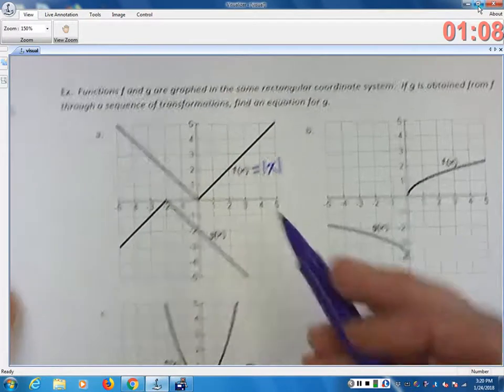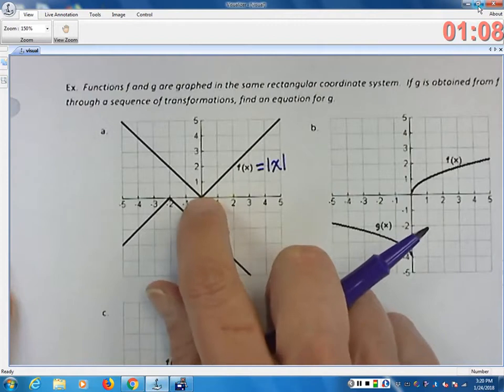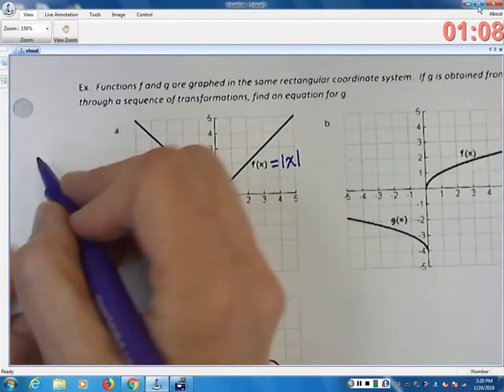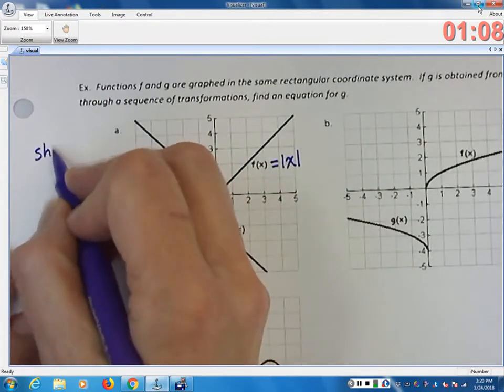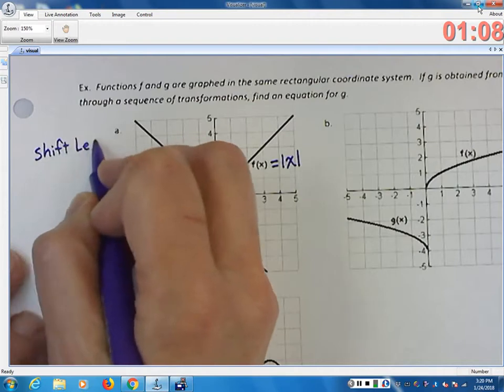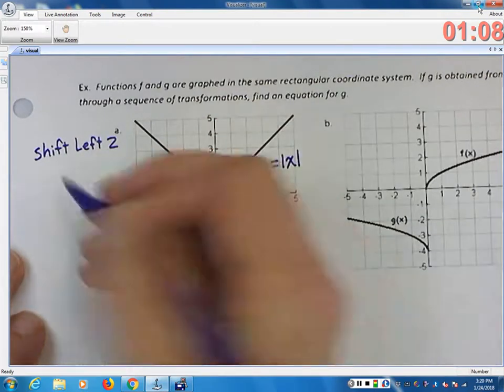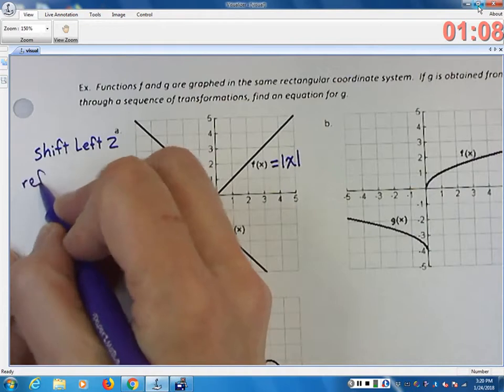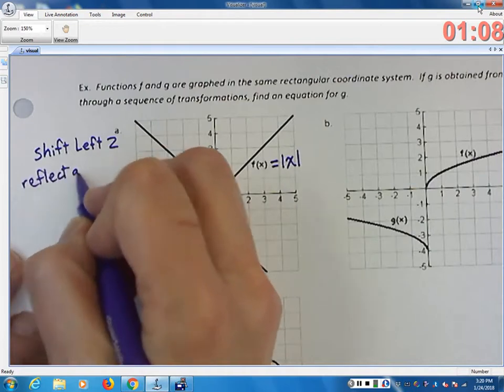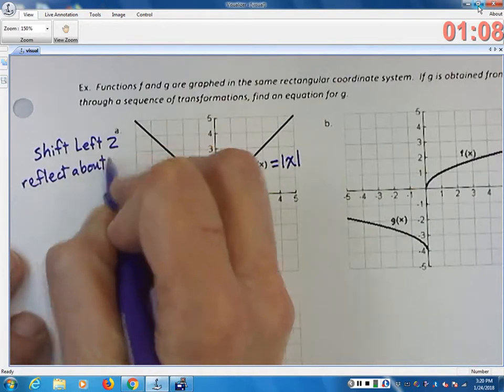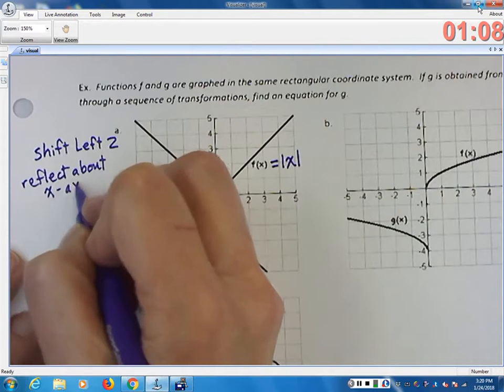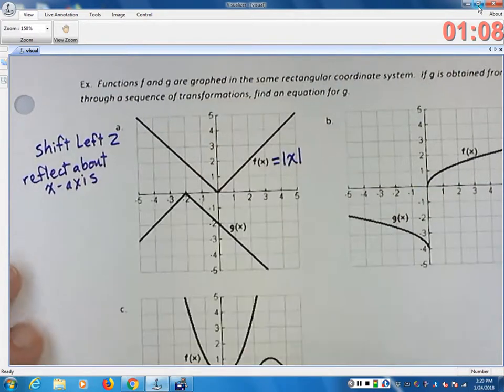So we would want to shift left 2, and then it's a reflection about the x-axis.